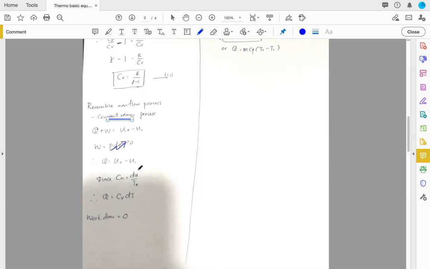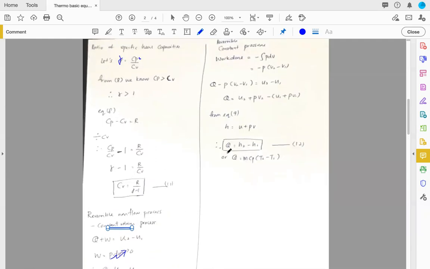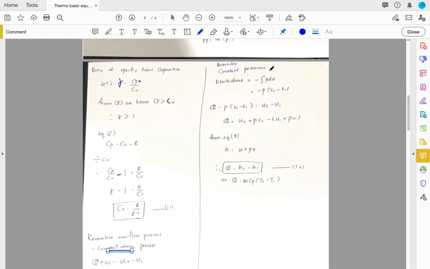And since you know Cv equals du over dT, in this case we can say at constant volume Q equals Cv delta T and the work done is 0. Okay? So for constant pressure, we are still moving the volume.